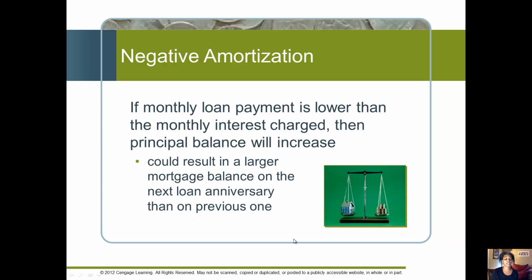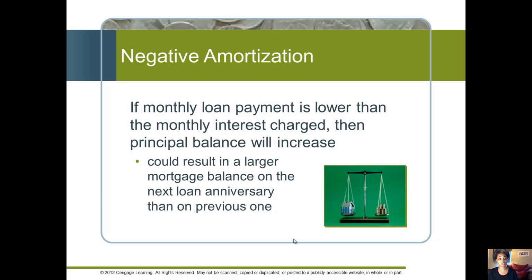Now, I mentioned that an ARM could result in negative amortization. What that is: if your monthly loan payment is lower than the monthly interest, then the principal that you owe could actually increase instead of decrease. So your amortization on your loan should result in a portion of your loan payment going towards principal and a portion going towards interest.